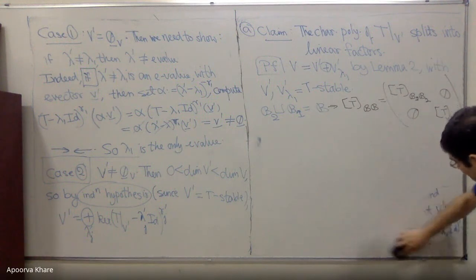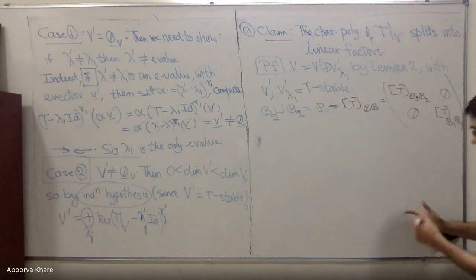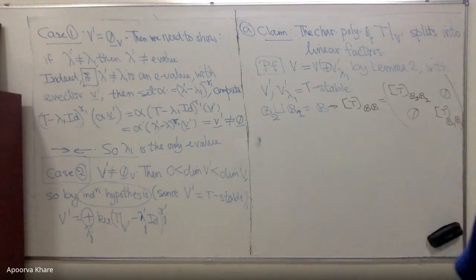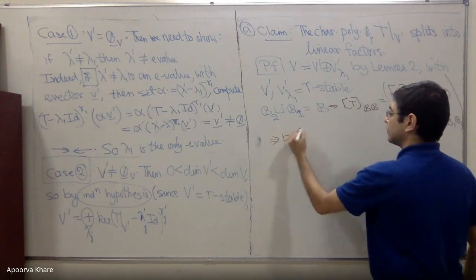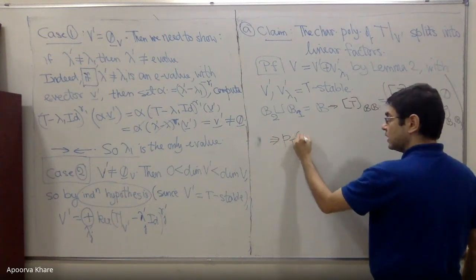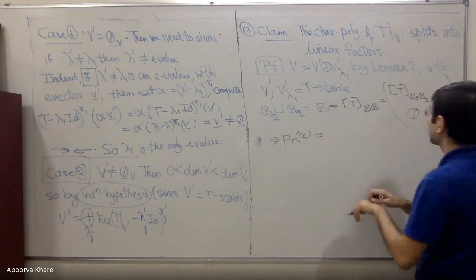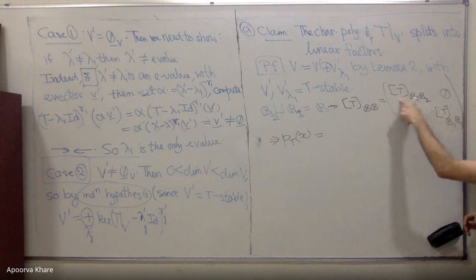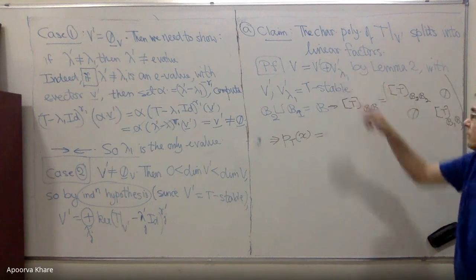Okay, so because of this, in particular, what do you know? The characteristic polynomial on all of V, with respect to B, is the product of the characteristic polynomials of these two matrices. This characteristic polynomial is exactly the one for T with respect to V prime.